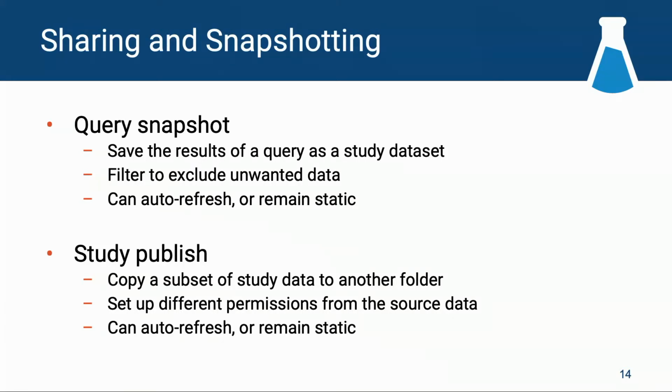Then they copy, using the study publish process, subsets of that data out for Project A, for Project B, for Project C. They don't have general public access for that central master copy, but all these other copies they set to be fully public, and that's a way that they control and subset that data, and also make sure we're comfortable with this version of the data. They're doing it pretty frequently. This is a once a week or once a day snapshotting process, but it gives them a little more control, do their work, make sure it looks good, and then go ahead and promote it to that public spot.